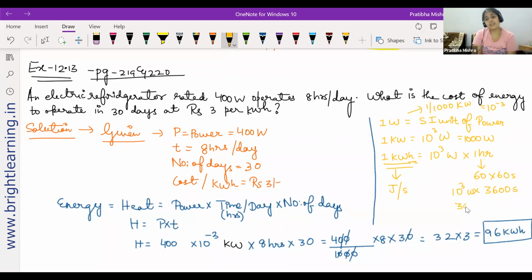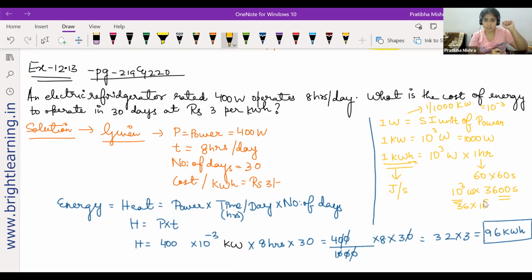Let us write 36 as it is and multiply it with the total number of zeros. 3 zeros in 10 to the power 3 and 2 zeros after 36, which makes it 3600. If we take all the zeros, we use which law? Exponents law, having the same base and different powers.